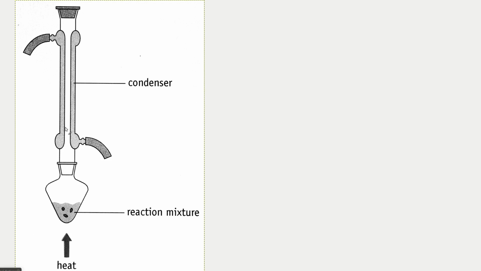So as the vapour moves up the condenser, it condenses back into a liquid and falls back into this flask. So what we're effectively doing is repeatedly boiling and evaporating and then condensing the reaction mixture so it doesn't just evaporate away. So this repeated boiling and condensing of a reaction mixture we call refluxing. Simple as that. Basically it just allows us to heat the reaction mixture for an extended period of time to speed up the rate of reaction.